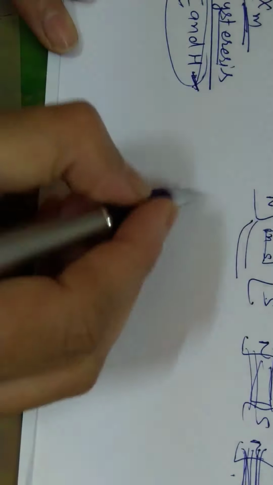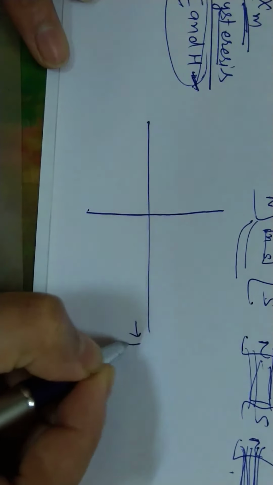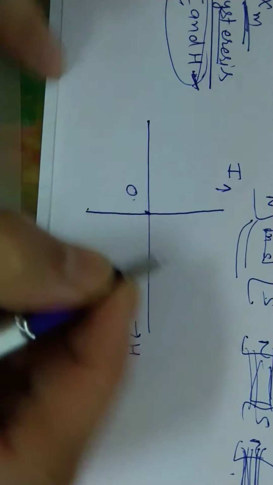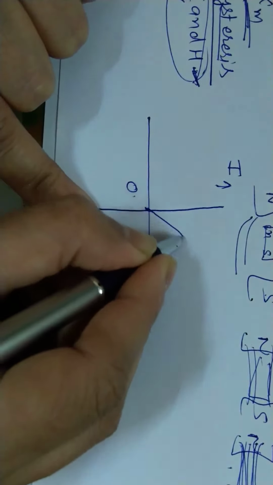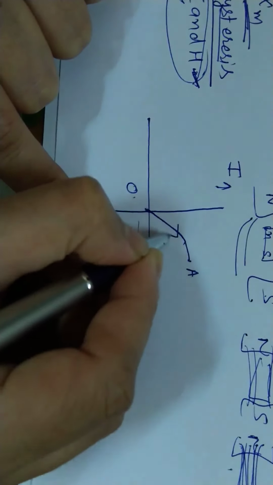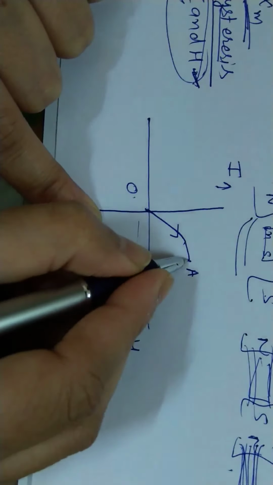For that, we have this hysteresis curve. If we have H and this is I, we start magnetizing the material. By giving H up to point A, it becomes saturated, and above this no more magnetism is acquired.